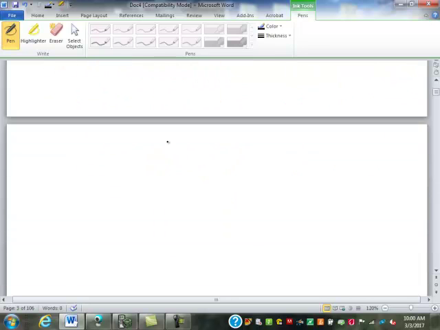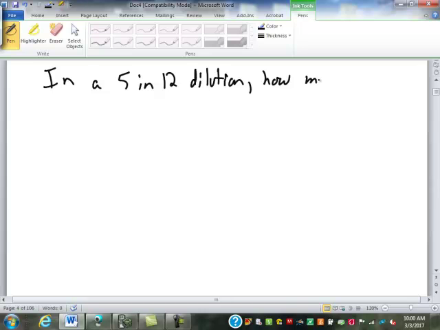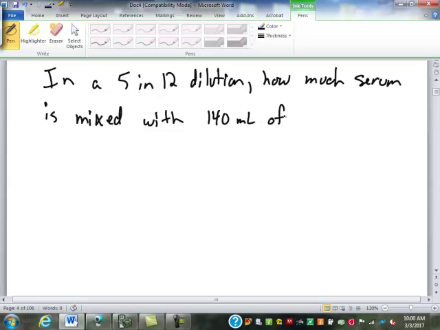Sometimes we don't have the option of doing it either way. Sometimes we're given a problem like this in a 5 in 12 dilution. How much serum is mixed with 140 milliliters of normal saline?